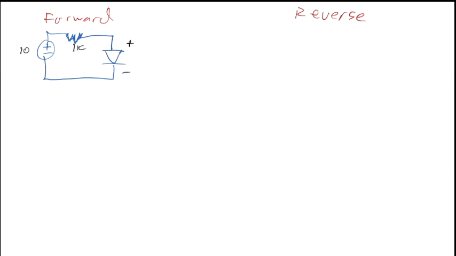That means we have a positive voltage across here, right? We've got 10 volts on this power supply. And we've got a resistor, so that's going to limit the amount of current, but it doesn't change the voltage. It means we have a higher voltage on the anode than the cathode, right? And we replace it with the short.